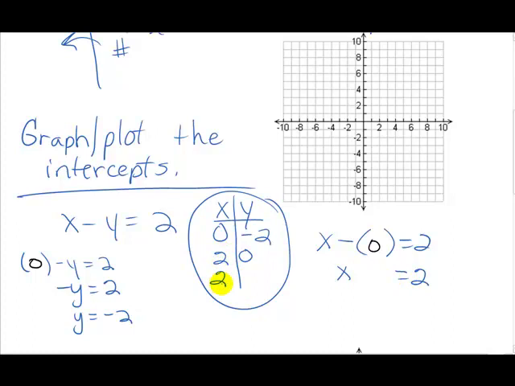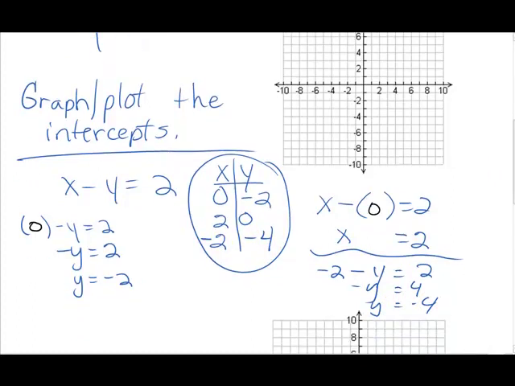Well, then that's not a good choice if I've already got x as 2, so let's make this -2. So -2 minus y equals 2. We'll add 2, divide by -1, negative 1. And so negative 4. Then let's graph that.